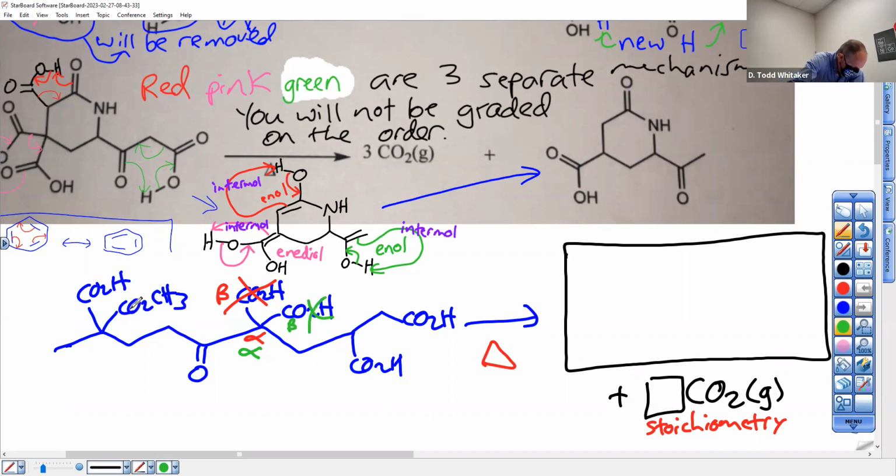What about this guy here? That's an ester, right? It has a carbonyl, right? It's not going to decarboxylate. Do I have to say it has to be a carboxylic acid or else you can't decarboxylate? I should have said it a long time ago. Only for carboxylic acids that are beta to a carbonyl.